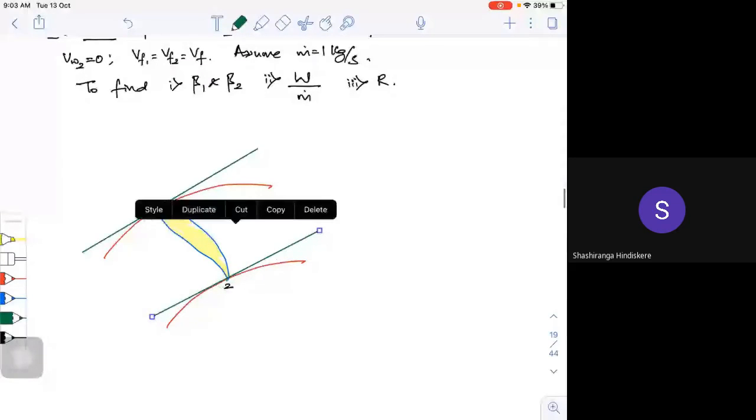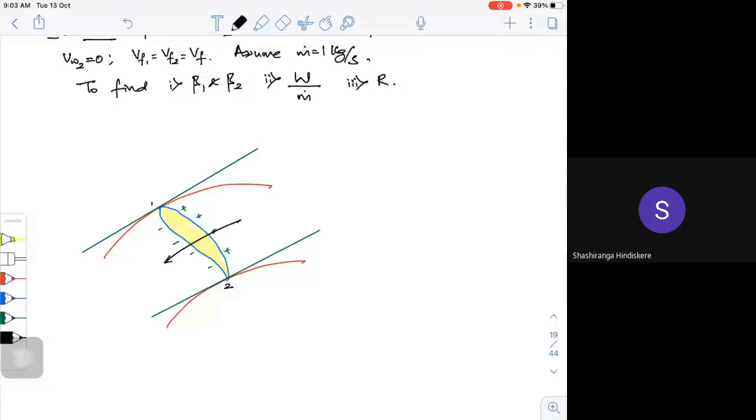What are these actually? Those are tangents. Why am I drawing this? Because your velocity triangles are aligned to that, so you need not write it every time. Now, this being a turbine, I do have a pressure side and a suction side, and the fluid will start rotating.